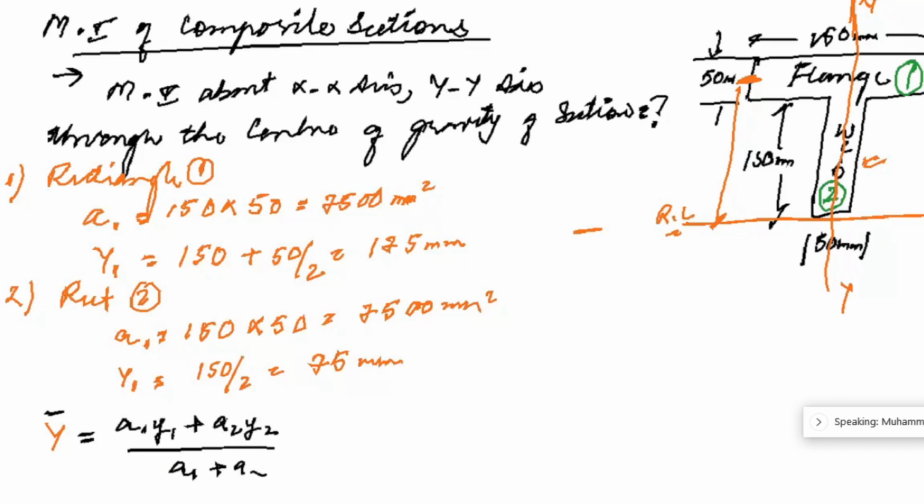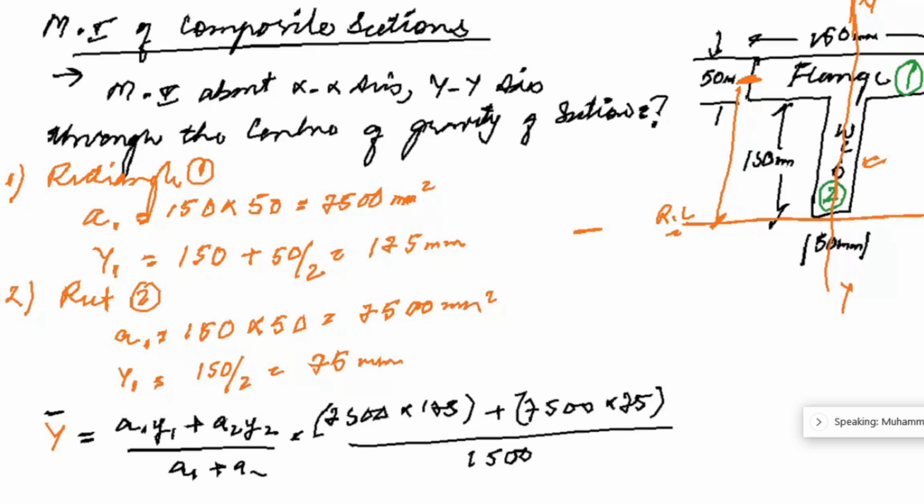That will be equal to 7500 cross y1, 175, plus again 7500 multiplied by 75, divided by 7500 plus 7500, which is 15,000.